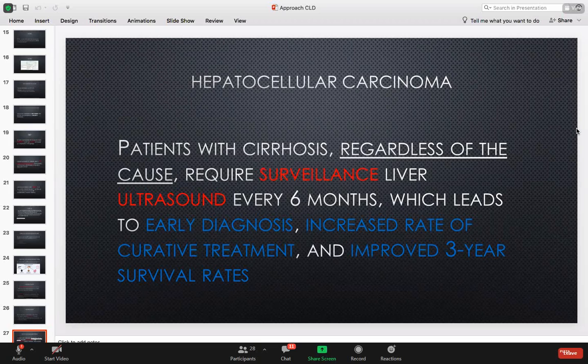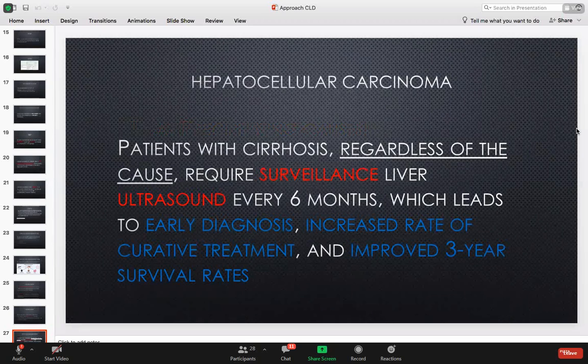Okay, so we do that for screening, as well as we do for the varices. So we do surveillance for varices as well as an ultrasound every 6 months to detect hepatocellular carcinoma early on, so we can intervene early on.